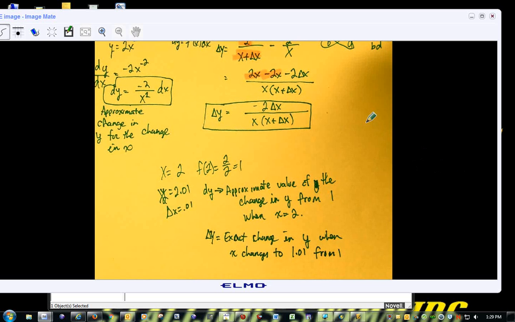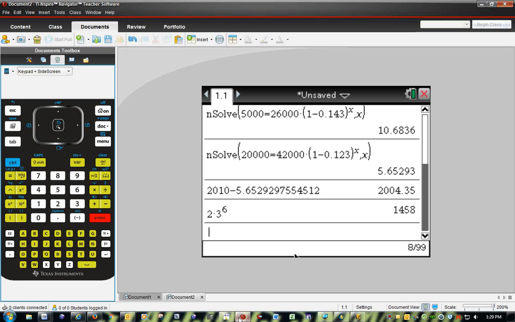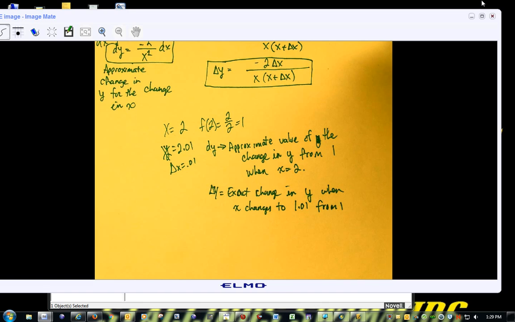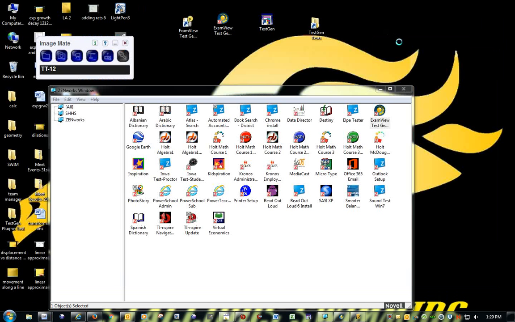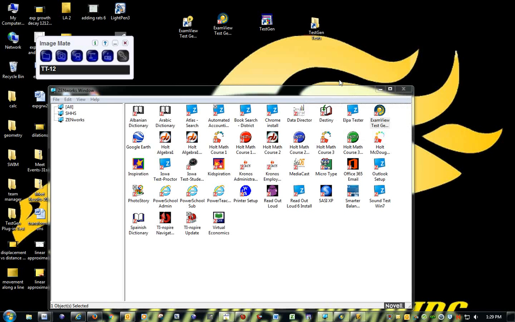Now, the best way to look at this, let me change one thing really quick here for you so you can see the differences. The equation's 2 over x.